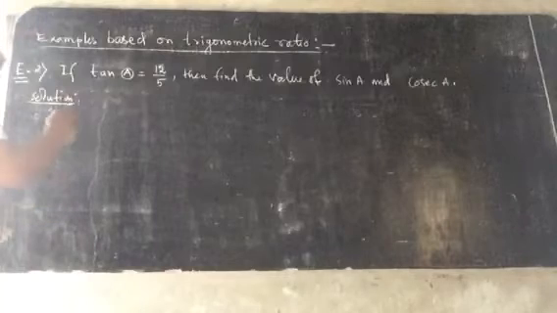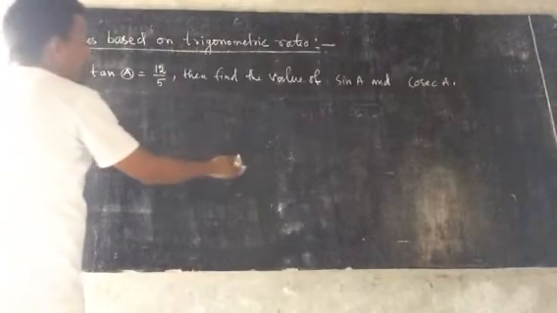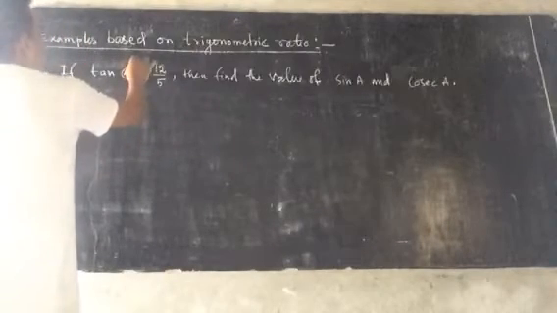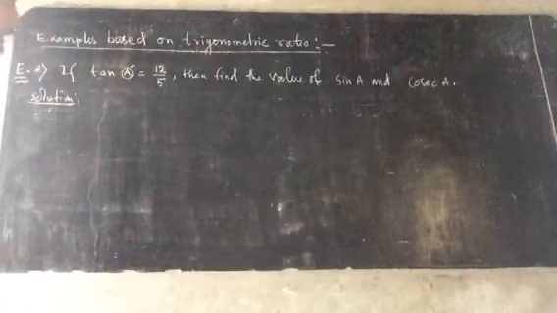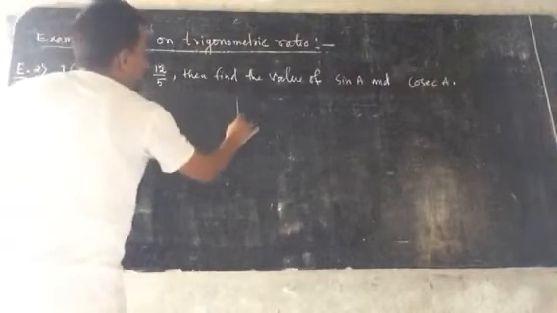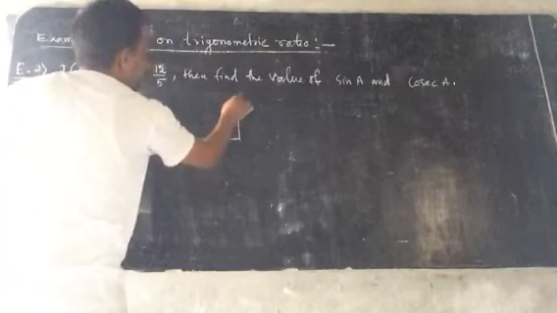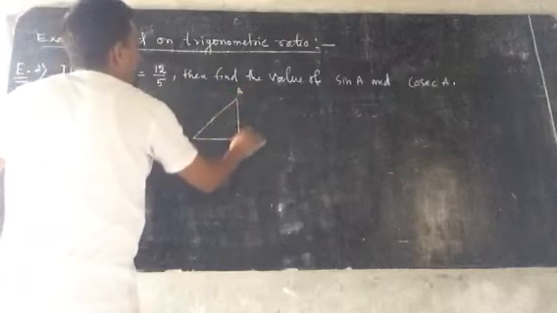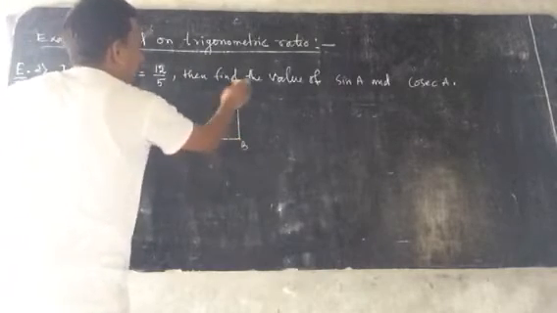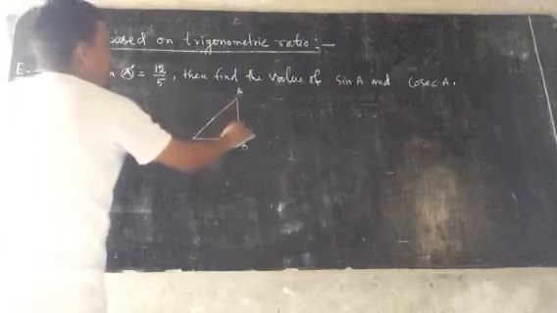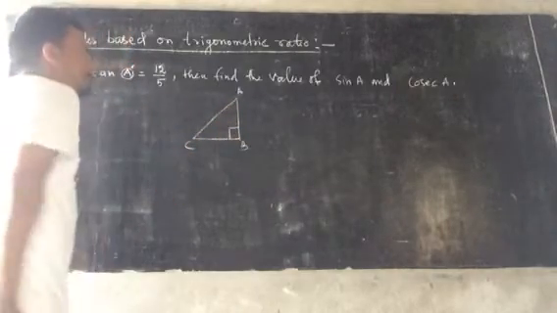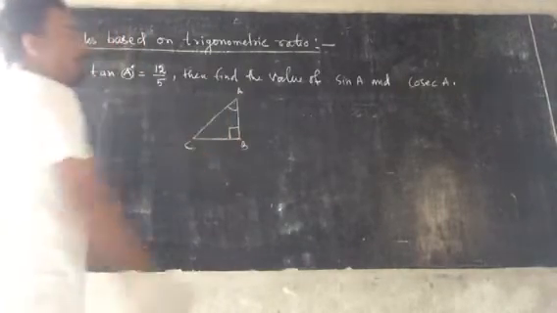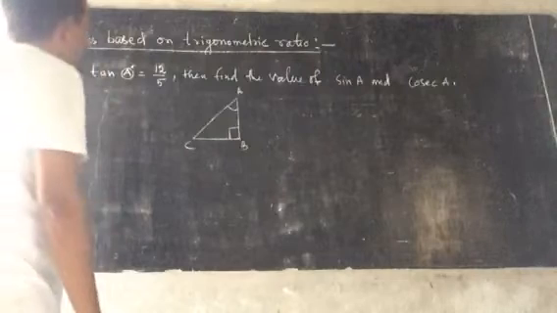If I draw one right angle triangle, in which one acute angle should be A, ABC. This ABC is a right angle triangle in which angle B is 90 degrees and angle A is one acute angle.